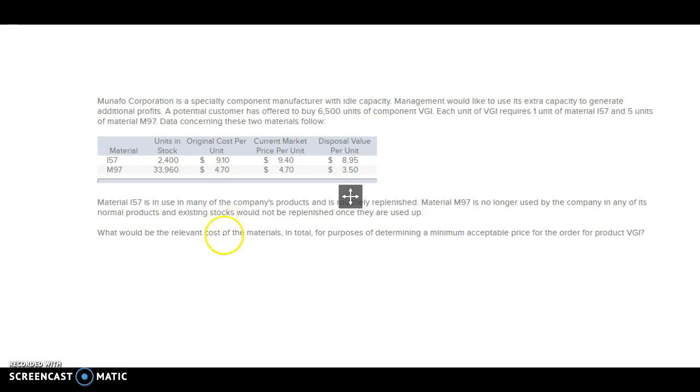Okay, here's our next question for relevant cost. We're looking for the cost of materials for purposes of determining a minimum acceptable price. So relevant cost of the materials in total. Okay, so the situation is a customer offered to buy 6,500 units of VGI.